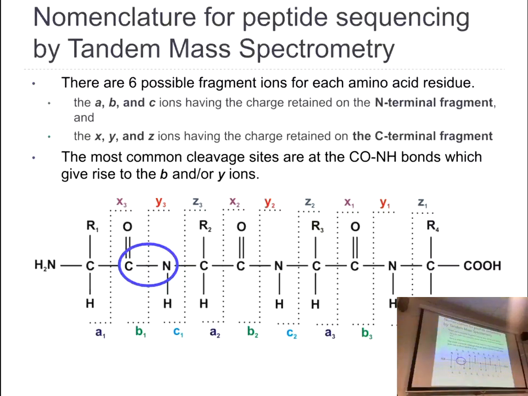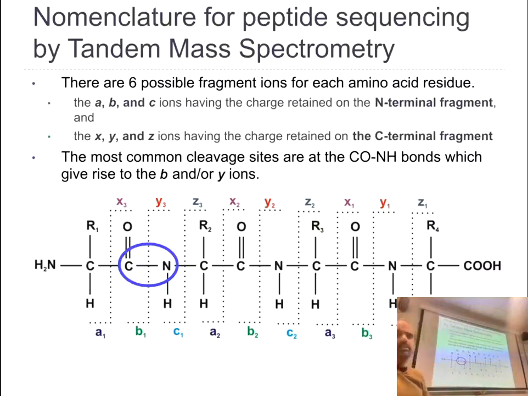The nomenclature, okay. So the nomenclature, as I said, if we come back here, this is the best way to look at this. This is a depiction of a peptide, and you know the peptide bond, right? So it's always going to be this CN bond. This is always the one that's going to fragment when you do CID, okay? But as I keep saying in all these lectures, if something doesn't have a charge, you can't do mass spec on it.